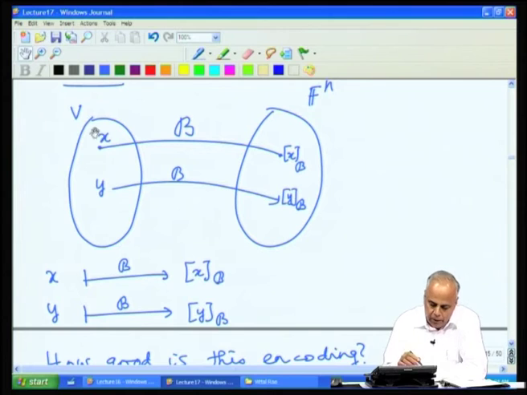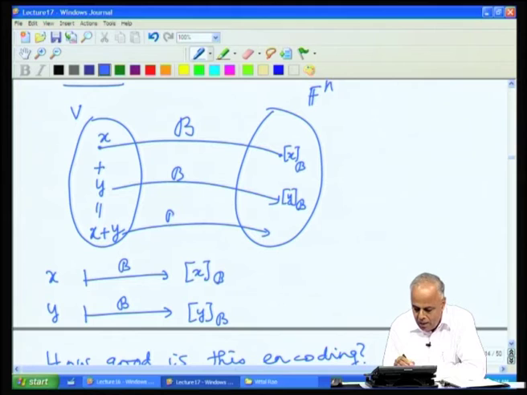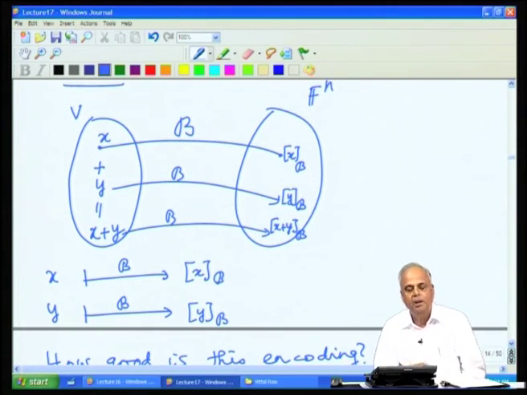Now, in the vector space V, this vector x and this vector y can be added to get a vector x plus y. Since x plus y is a vector in V, that can be encoded as (x plus y)b in the space Fn.